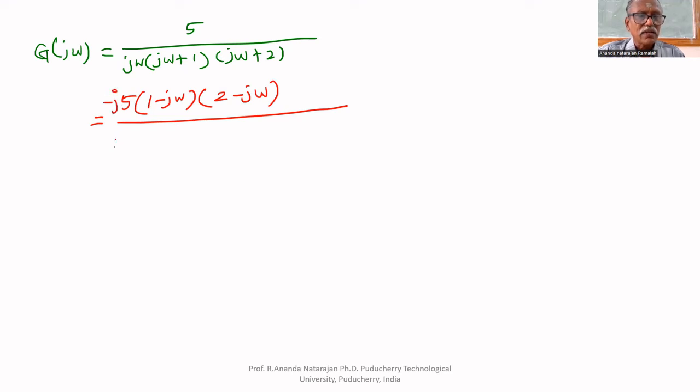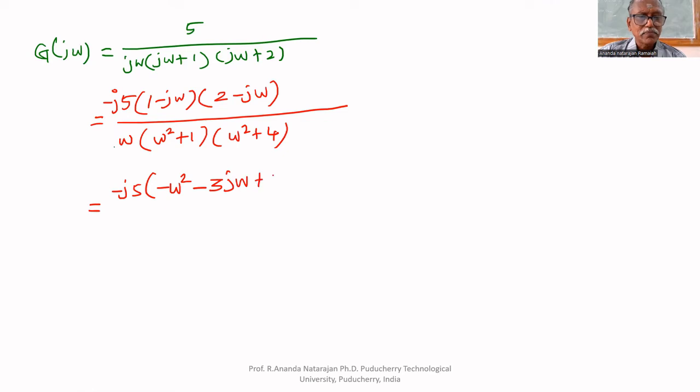Bringing this j to the numerator, you get minus j omega multiplied by (omega square plus 1) (omega square plus 4). From this we can write minus j5 times (minus omega square minus 3j omega plus 2) upon (omega square plus 1)(omega square plus 4).